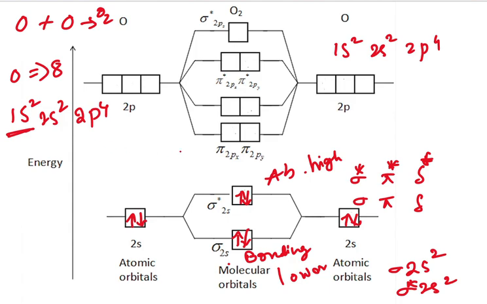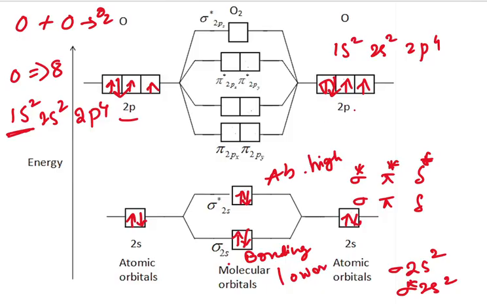Next, if we move to the 2p orbital, how many electrons does it have? There are 4 electrons. If you fill like this, 2px contains paired electrons, and 2py and 2pz are unpaired. Here also it is the same.